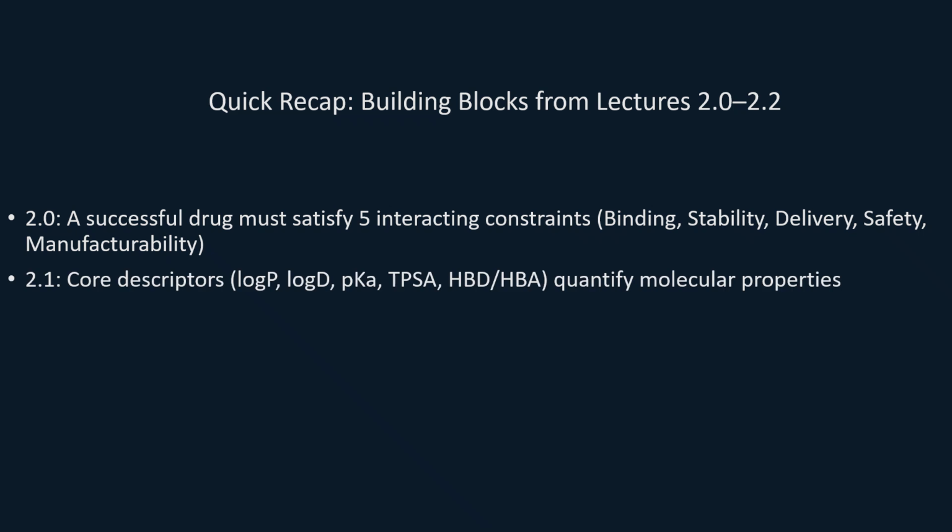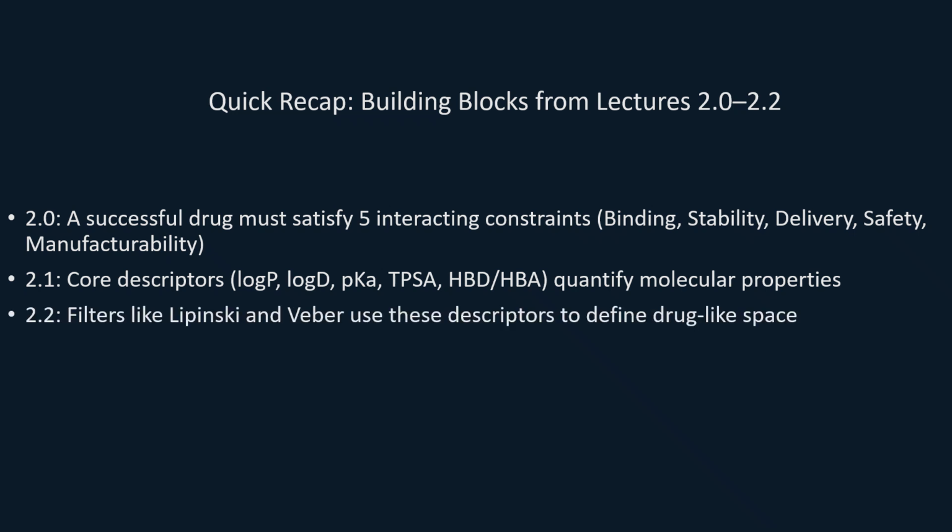And we discussed how empirical rules like Lipinski and Weber use these quantities to define drug-like space. Today, our focus is a deeper question. Where do these numbers actually come from?